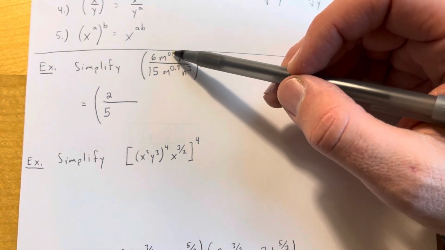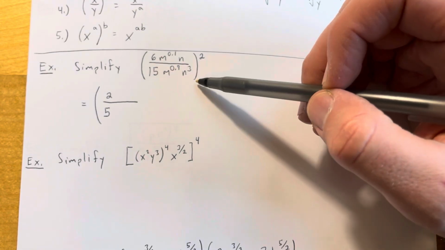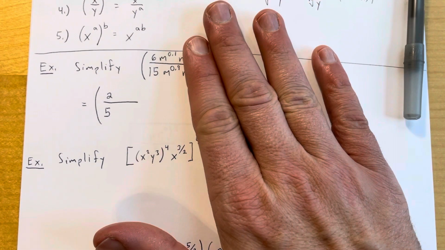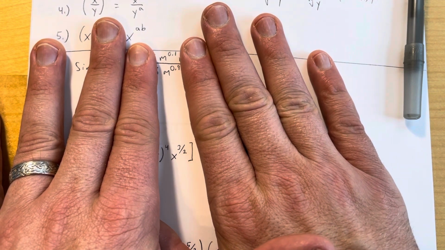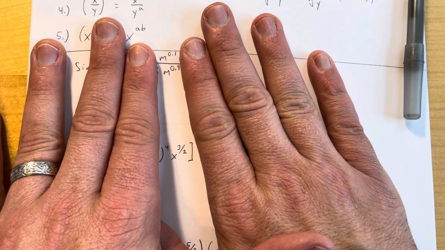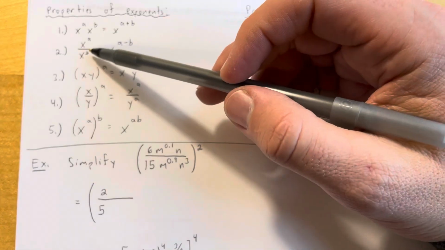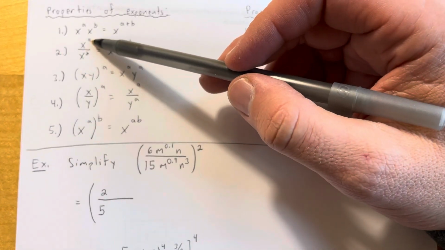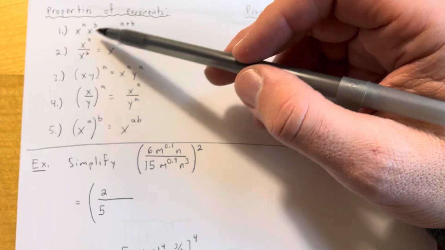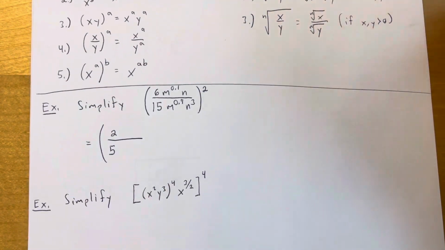Now let's look at what else we have. M to the power of 0.1 in my numerator, m to the power of 0.9 in my denominator. Ignoring everything else, if I just pay attention to those m's and those powers, I have the same base in each of those exponential expressions, m and m. So going up here, I can use property number 2, that says I can take the exponent in the numerator and subtract from it the exponent in the denominator for those exponential expressions.